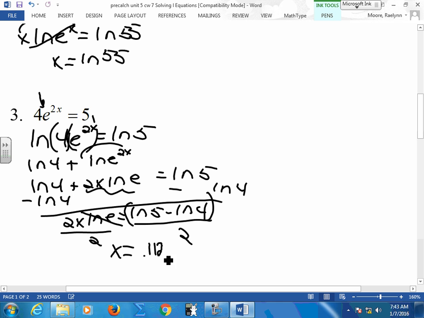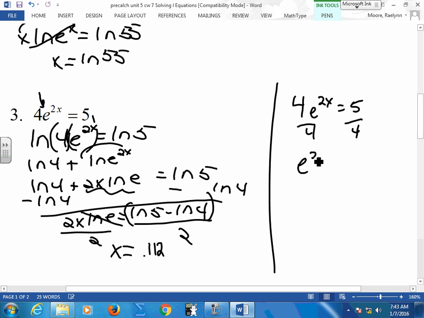Okay, now, somebody said, can we instead divide by 4? Absolutely. Now, same rule, ln of both sides. If you want to make this 1.25, fine.